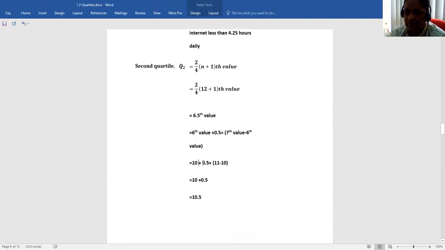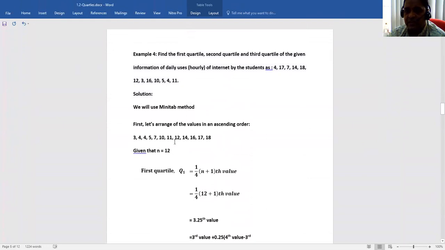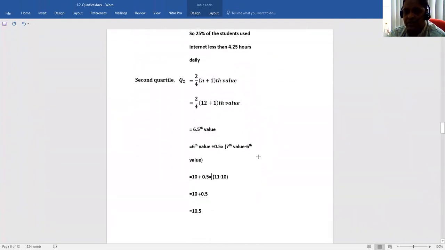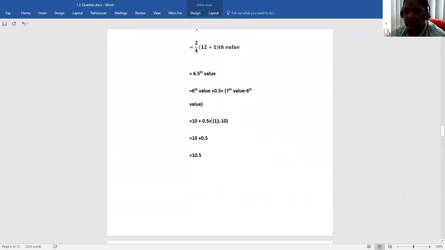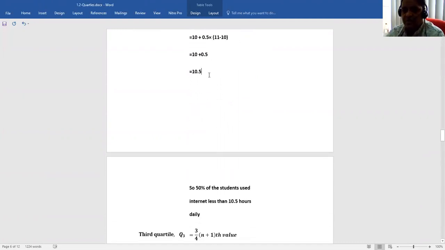And we add 0.5 multiplied by the seventh minus the sixth value. What is the seventh value? After 10, the seventh value is 11. So we get 11 minus 10, multiplied by 0.5. After the calculation, you will get 10.5 hours. So that is the internet usage in hours.